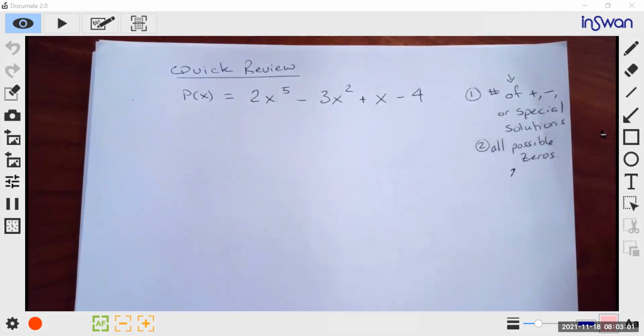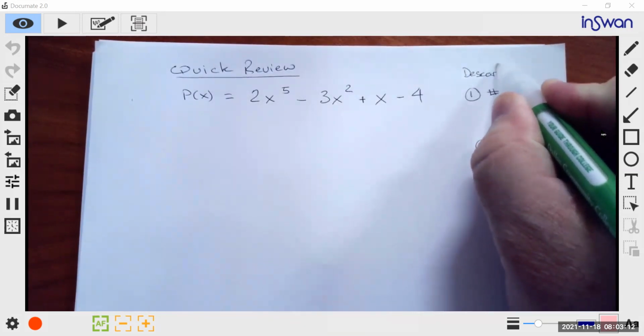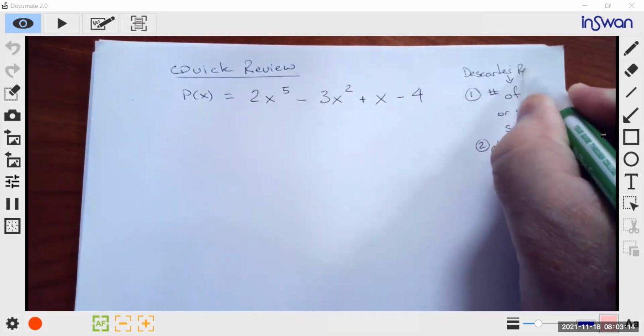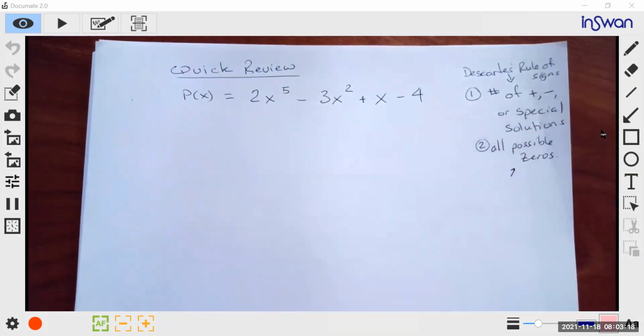The number of positives and negatives, what rule do we use to find those? Yep. Descartes' rule of signs. All it does is look at sign changes from the first to the second, second to the third, third to the fourth.